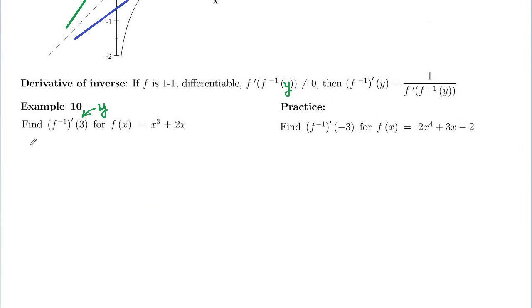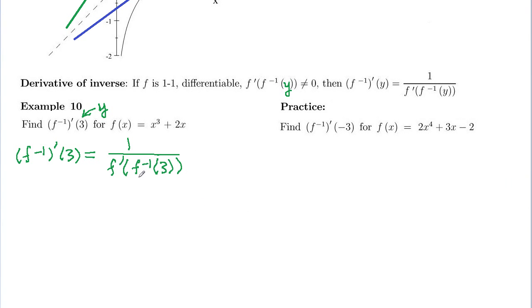So the first thing we have to do, let's write our formula. So f inverse prime at 3 is 1 over f prime f inverse of 3.